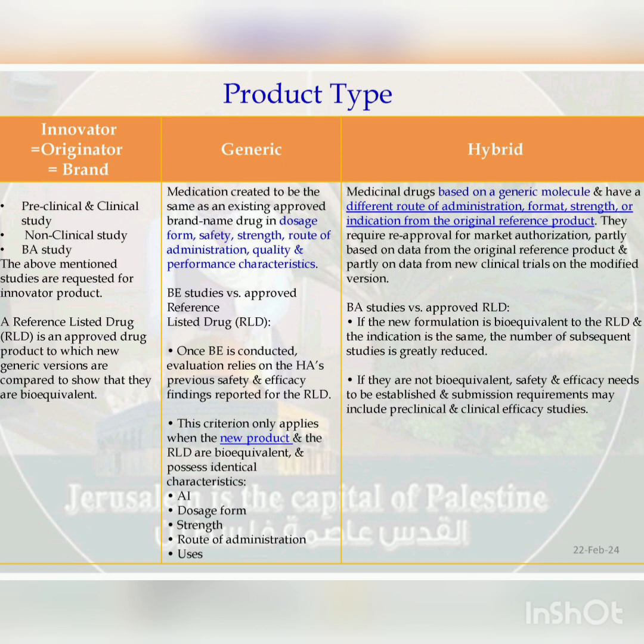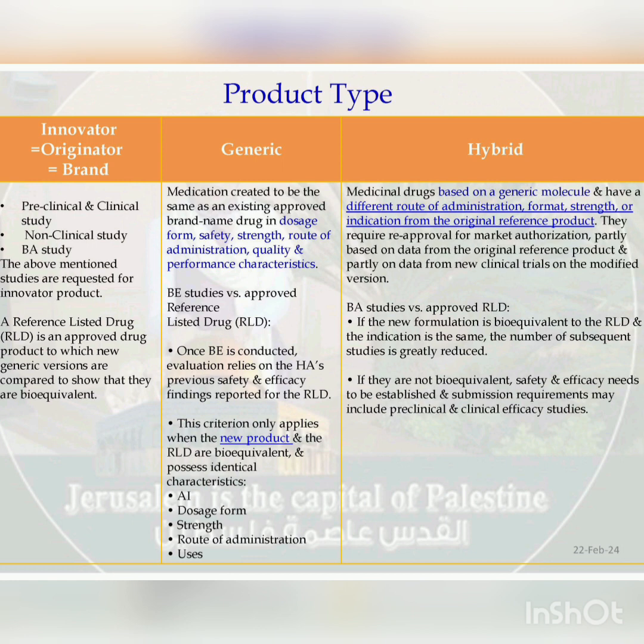The following criteria only apply when the new product and the reference listed drug are bioequivalent and possess identical characteristics: active ingredient, dosage form, strength, route of administration, usage. Product type number 3 is the hybrid molecule.